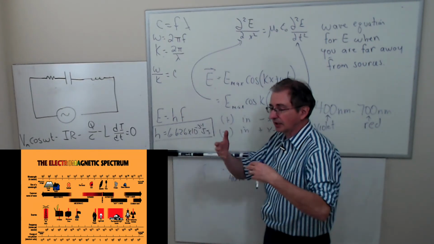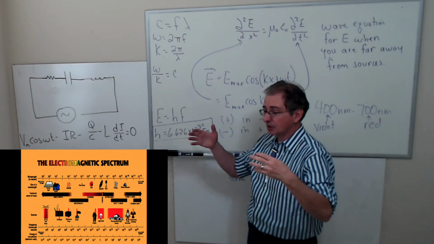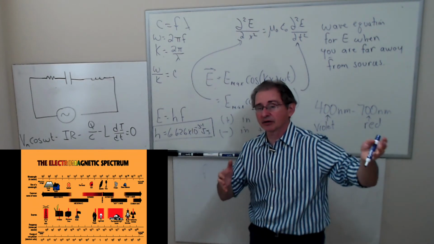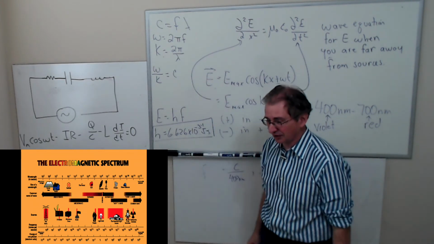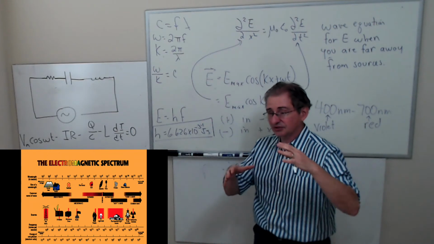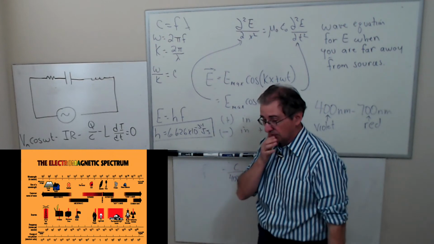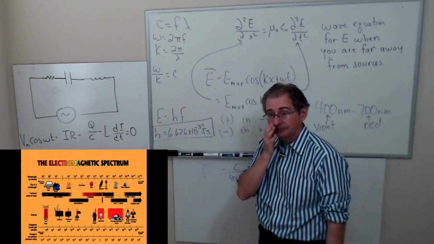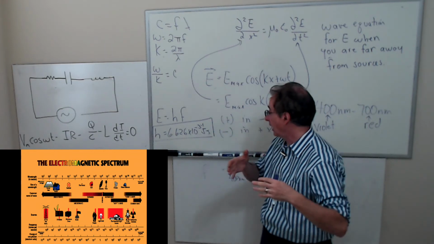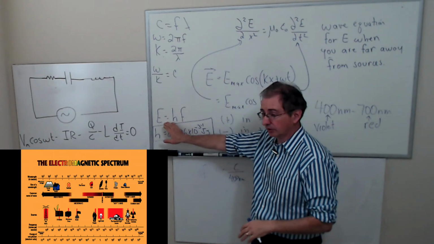And electromagnetic waves that travel through space consist of a large number of photons per unit volume or per unit area, depending on how you're trying to describe them. If you're describing them in terms of intensity, you would talk about the number of photons per unit area per unit time. So you can relate the intensity of a wave, and I'll talk about intensity a little bit, to the number of photons per unit area per unit time.